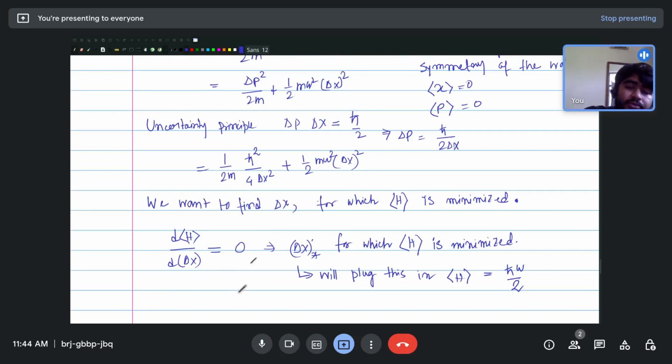And then when you solve for delta x, that gives us a special delta x star for which the energy is actually minimized, okay. So then we will plug this back in our h expectation. So that will exactly give us the h bar omega by 2. So I have not done the steps from here to here, so please do the algebra.